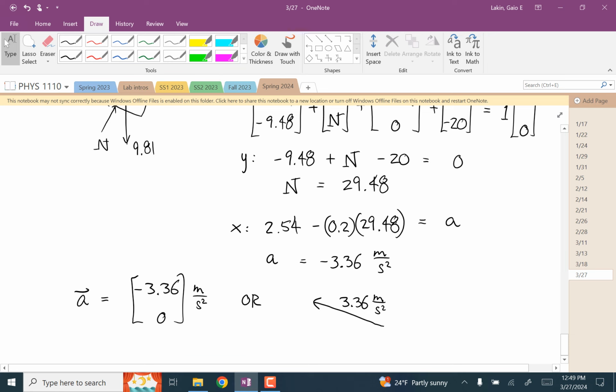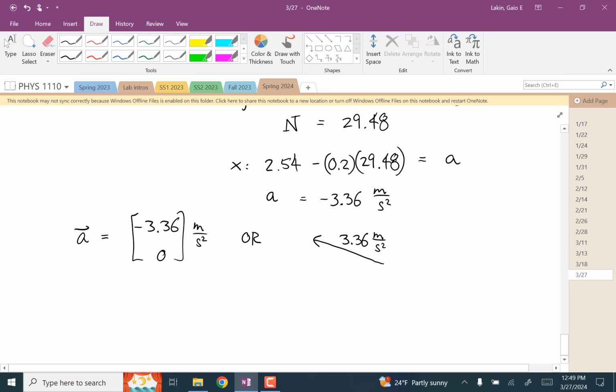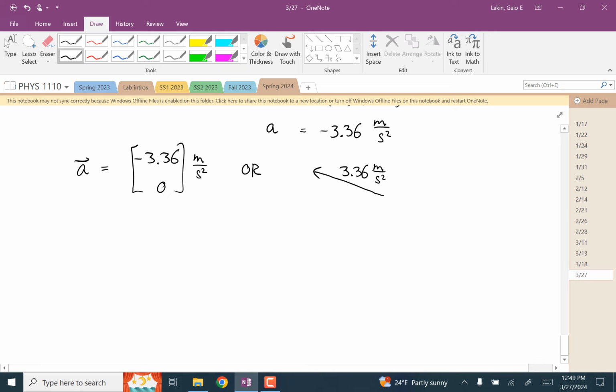Okay, well, what if you're doing a rolling and sliding problem along a horizontal surface? Do we have to think in a new way about the coordinate system? So here's the surface.